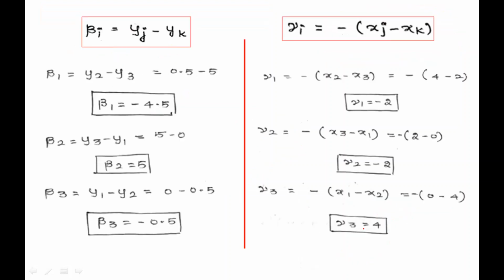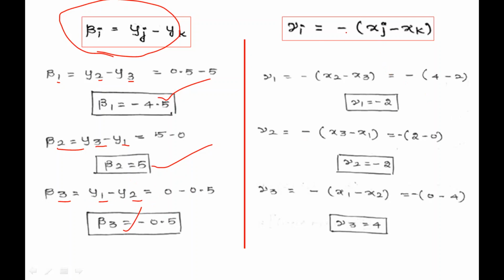Now coming to beta and gamma values. The expression for beta i is equal to yj minus yk. So beta 1 is y2 minus y3, which is coming as minus 4.5. Beta 2 is y3 minus y1, which is equal to 5. Beta 3 is equal to y1 minus y2. We have to remember that the ijk order 1 to 3 we are maintaining. So beta 3 is minus 0.5.